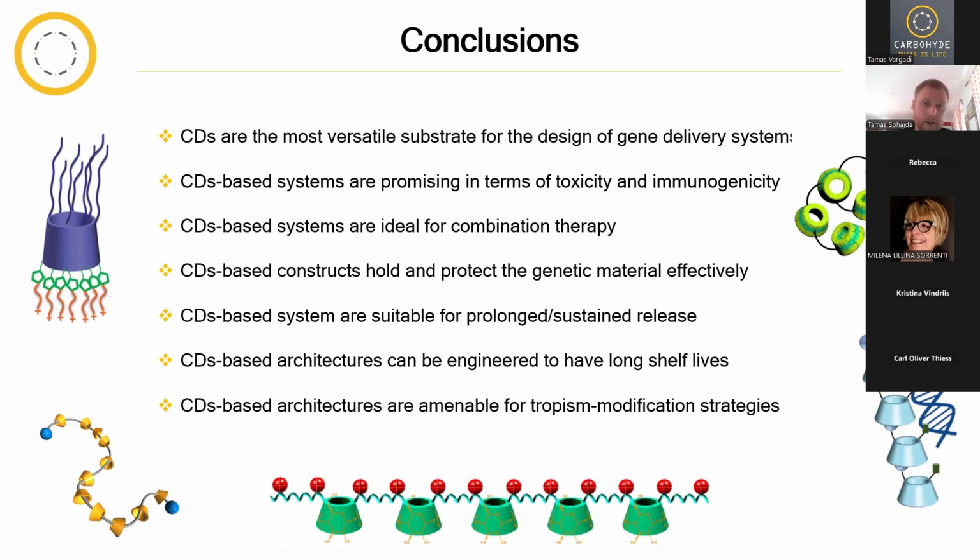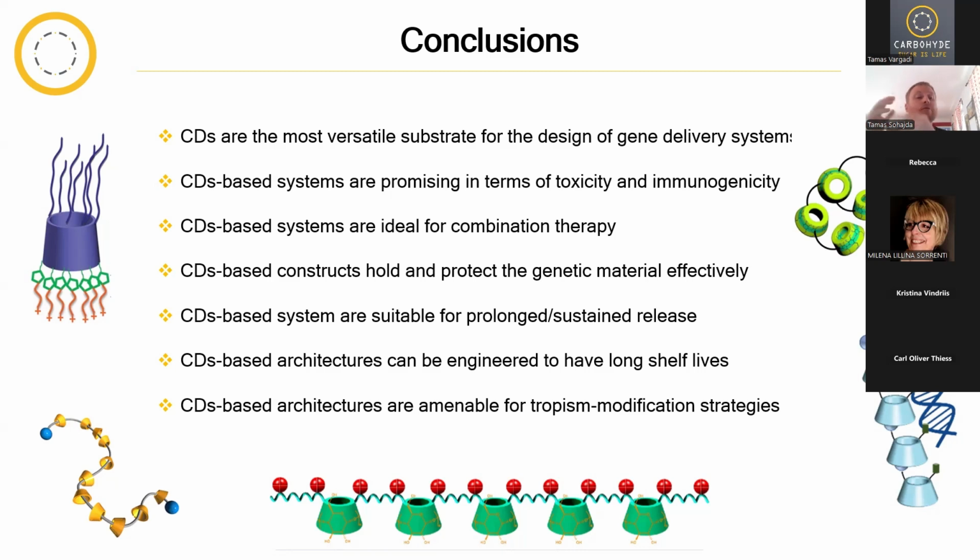Not to say that, okay, it's not a topic of today's talk, but amphiphilic cyclodextrins have been known for a while. And of course, it's not necessarily only oligonucleotides that can be encapsulated within the cyclodextrin cavity. So there are papers out there where small molecules are included within anti-cancer drugs and so on.